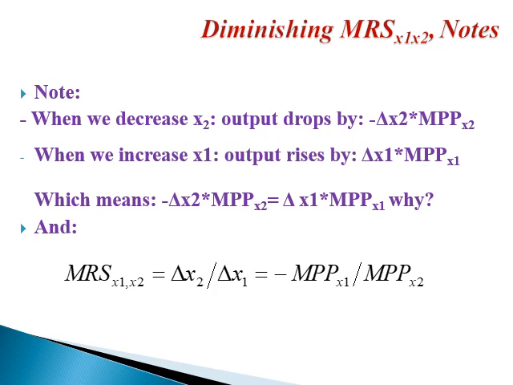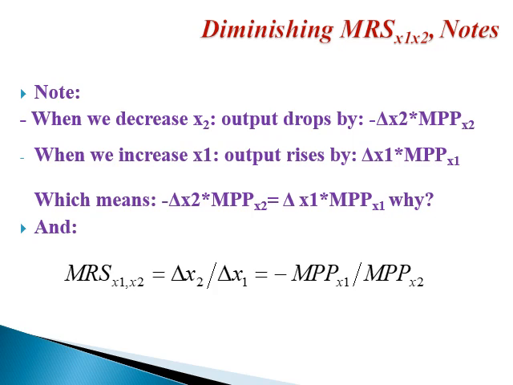And actually here he showed that part. Actually, I don't like the way he is proving why delta x2 divided by delta x1 is equal to MPP x1 divided by MPP x2. I can show it to you much easier than that, but in order to show it, you have to define MPP x1. MPP x1 is equal to delta y divided by delta x1.